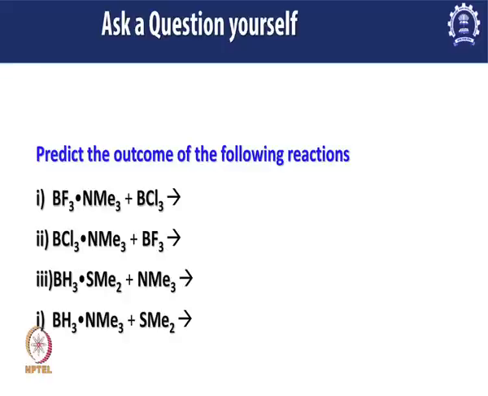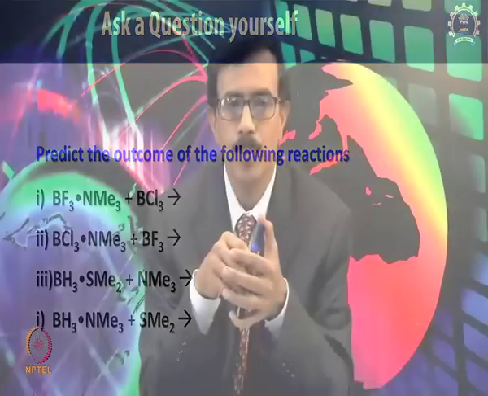Look into these questions here. I have given some incomplete chemical reactions. For example, if you treat the BF3 adduct of NMe3 with BCl3, what would happen? You know, just now I discussed that BF3 is a weak Lewis acid compared to BCl3, and BCl3 is a stronger one.